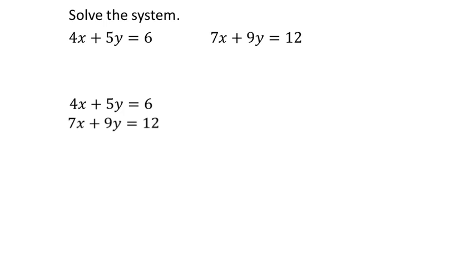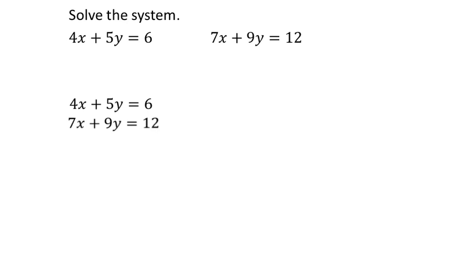You should always do a little analysis with your equations if you're going to use elimination. I look at these and I see the x's, neither of these are multiples of each other. Same with the y's, so I can't eliminate one or the other easily, which means that it doesn't matter which one I choose. I am going to choose to eliminate the x's, okay?